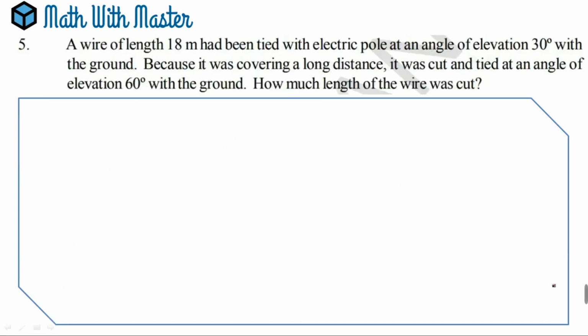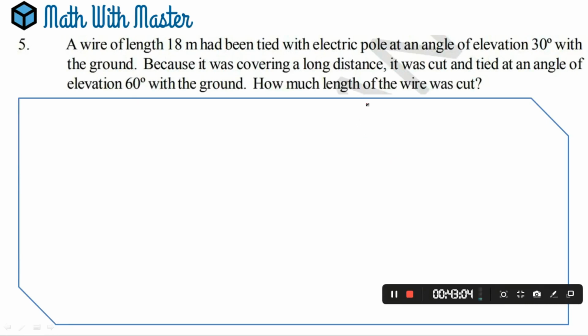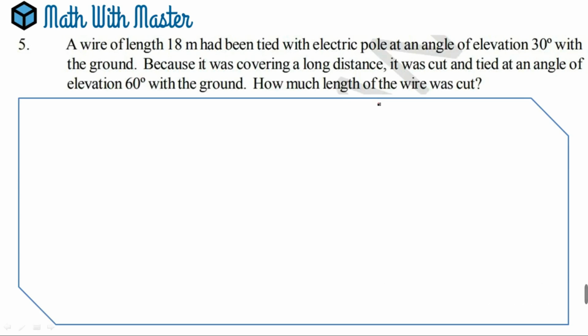So this is the next question. A wire of length 18 meters had been tied to an electric pole at an angle of elevation 30 degrees with the ground. Because it was covering a long distance, it was cut and tied at an angle of elevation 60 degrees with the ground. How much length of wire was cut?